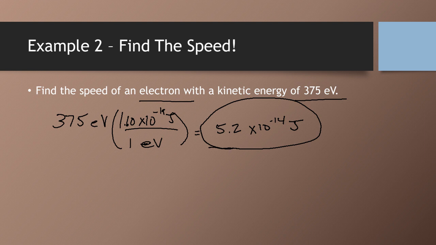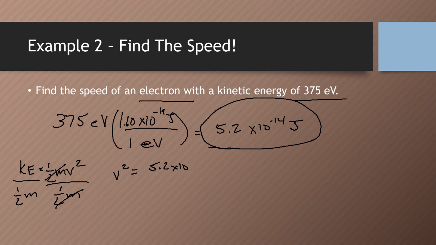The kinetic energy is 1/2 mass times the velocity squared. There are a couple of ways you can do this. I'm going to show you that you can just divide by 1/2 m on both sides. That leaves you with v squared equal to the kinetic energy, 5.2 times 10 to the minus 14, divided by 0.5, or 1/2, times the mass of an electron.